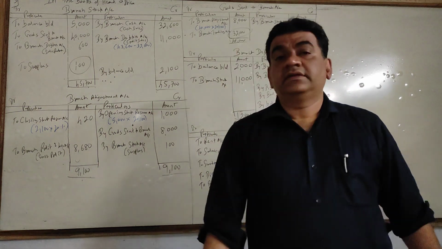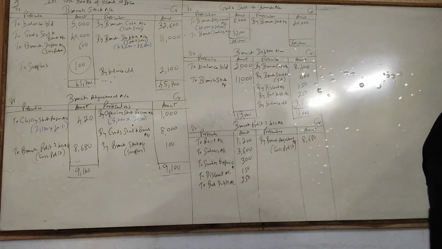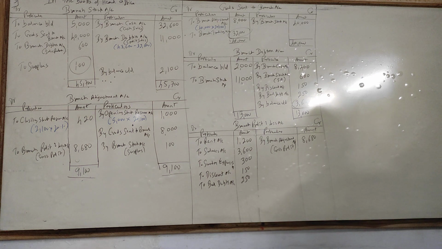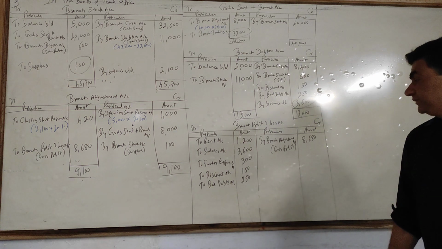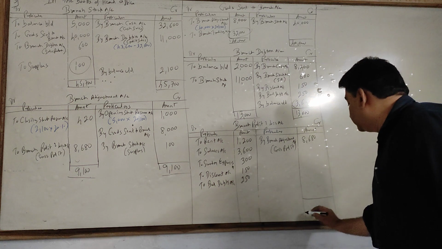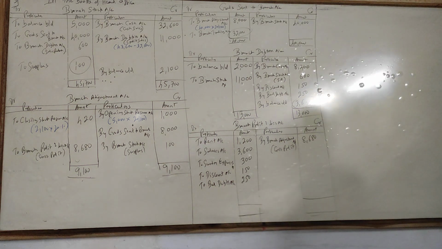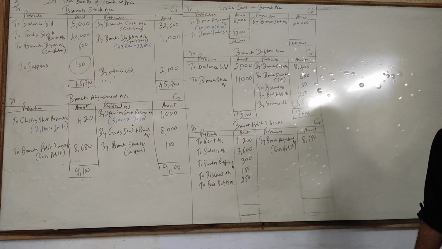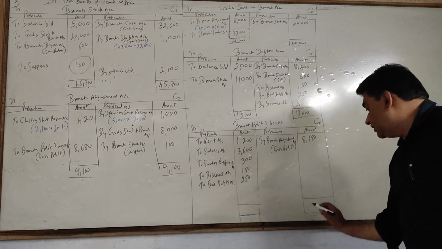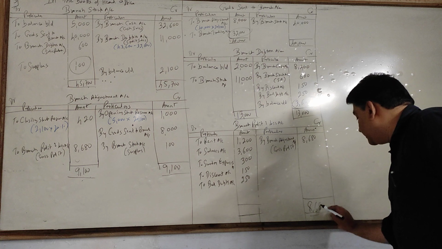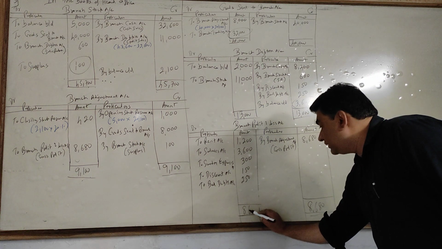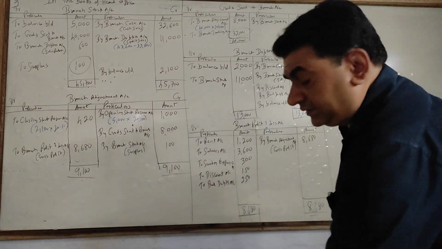Against that, by balance brought down 3,600. Got it guys?